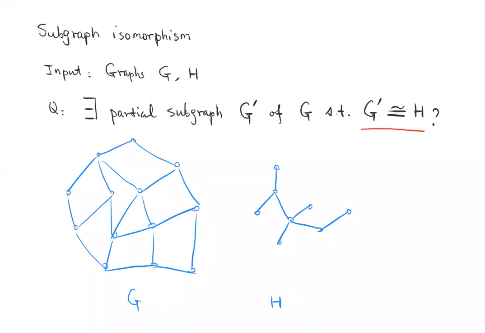For example, for this one, it should be easier to find a copy here. It should be quite easy to find one. So this is a copy of H. The answer will be yes, because the red one is the same as H. It's isomorphic to this H. Similarly, another problem is we can talk about induced subgraph, so instead of partial subgraph, here we change to induced.